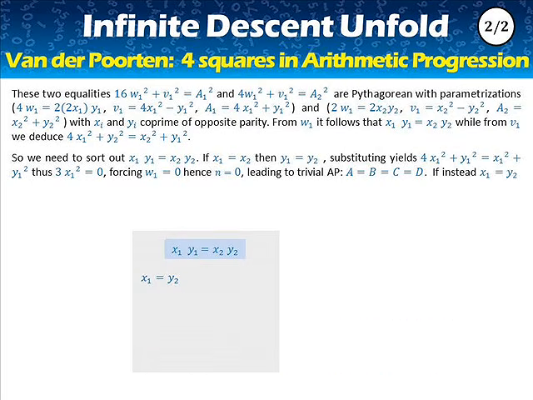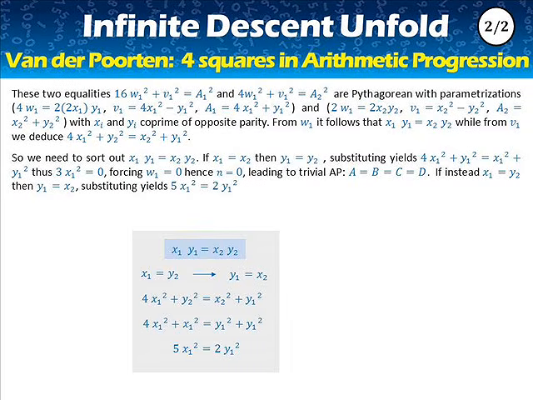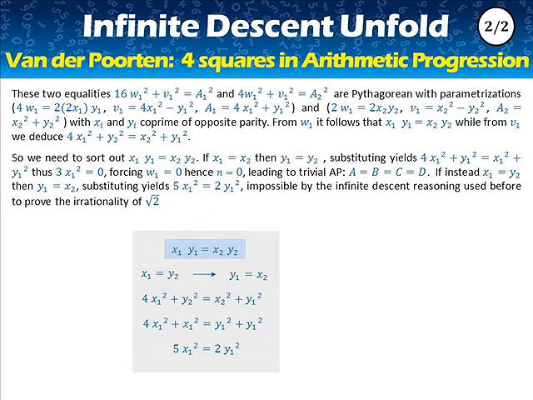If instead x₁ equals y₂, then y₁ equals x₂. Substituting yields 5x₁² equals 2y₁², which is impossible by the infinite descent reasoning used before to prove the irrationality of the square root of 2, unless x₁ equals x₂ equals y₁ equals y₂ equals 0.